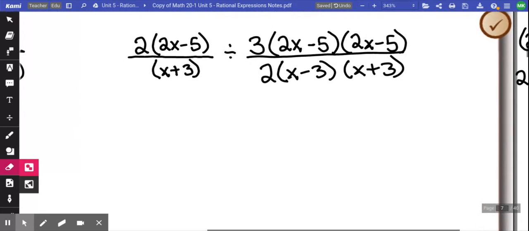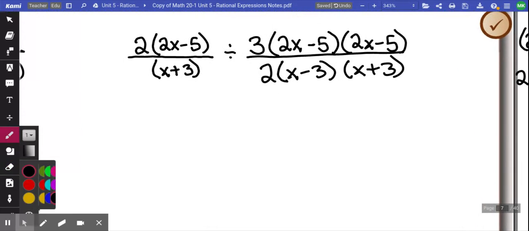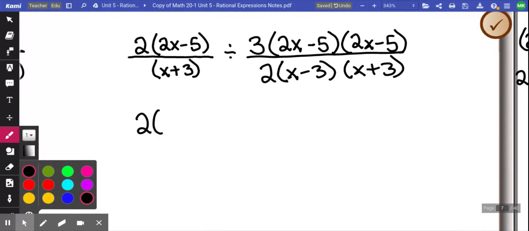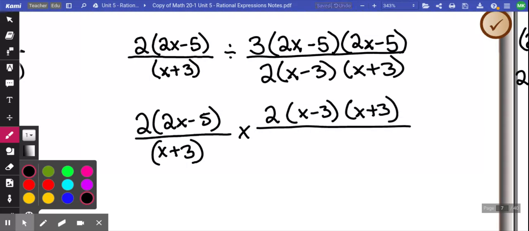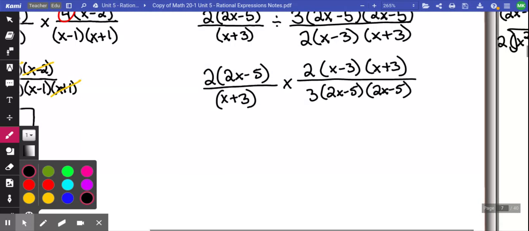Awesome. Now let's kiss and flip this guy. So we have 2x minus 5, x plus 3. I have to kiss and flip, so it becomes a multiplication. x minus 3, x plus 3. In the denominator, I have 3, 2x minus 5, 2x minus 5, like that. I then can write it as a single fraction.